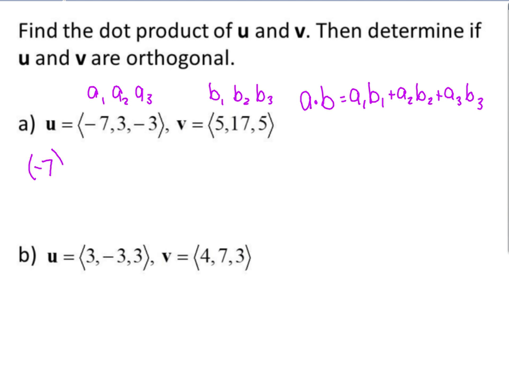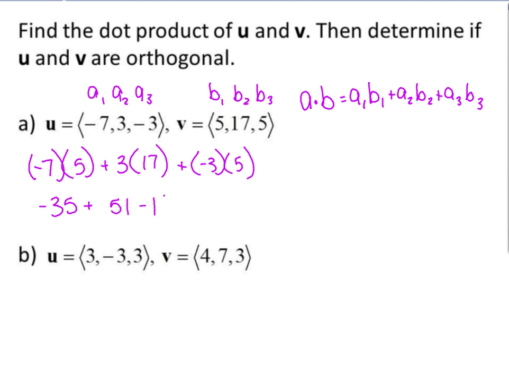So we're going to do negative 7 times 5 plus 3 times 17 plus negative 3 times 5. So we're going to have negative 35, 51, and negative 15. And all together, if we add that together, we're going to get a value of 1. Since this is not 0, this is not orthogonal.